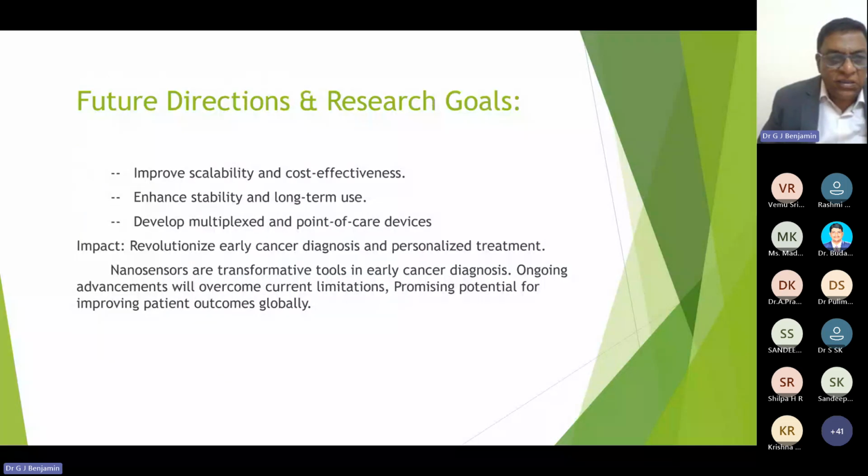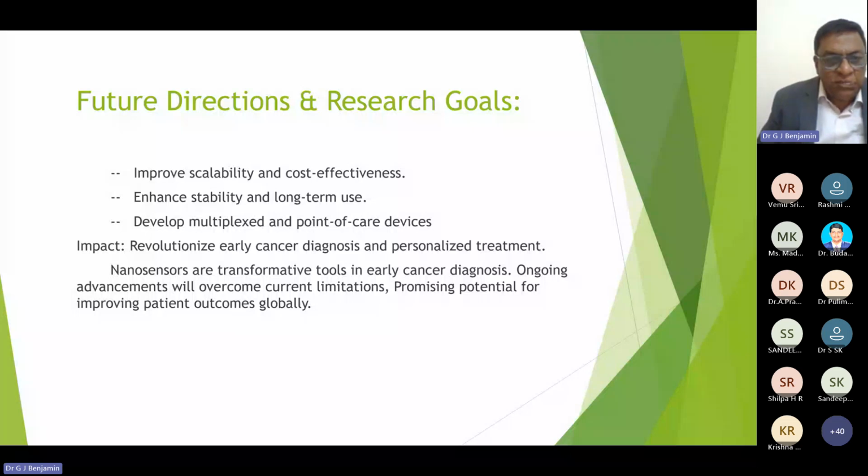The future directions and research goals are to improve scalability and cost effectiveness, enhance stability and long-term use, and develop multiplexed point of care devices, and the impact is to revolutionize early cancer diagnosis and personalized treatment. Nanosensors are transformative tools in early cancer diagnosis.